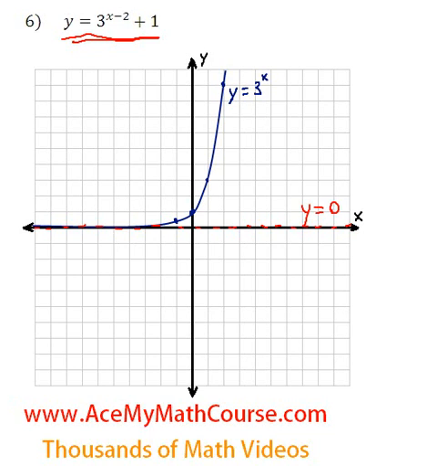So we have x minus 2, and what will that do to our x coordinates? It will shift everything to the right by 2 units.